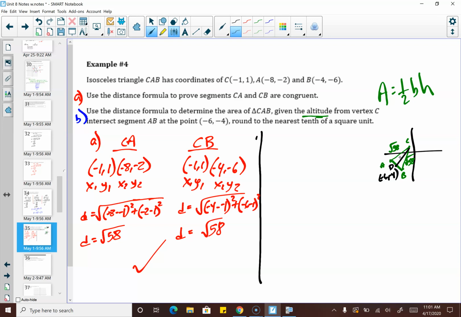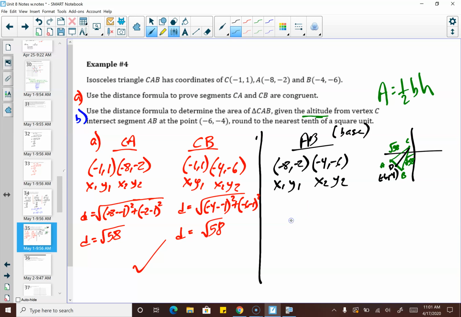And then we can plug into our area formula. All right. So first things first, I'm going to find the distance from A to B to act as our base. So from A to B, -8, -2, -4, -6. So x1, y1, x2, y2.